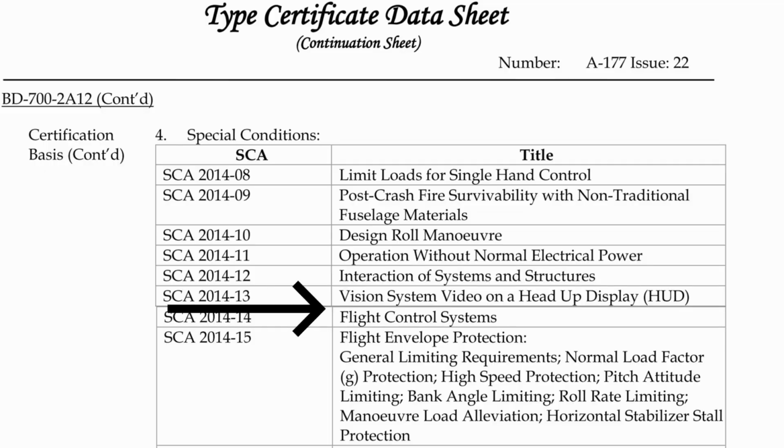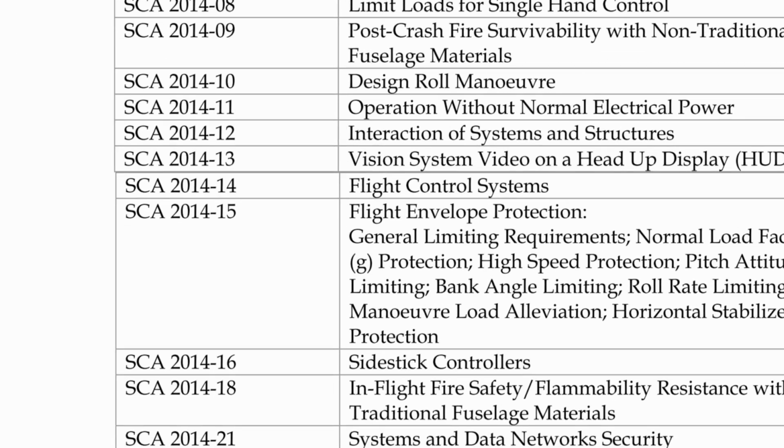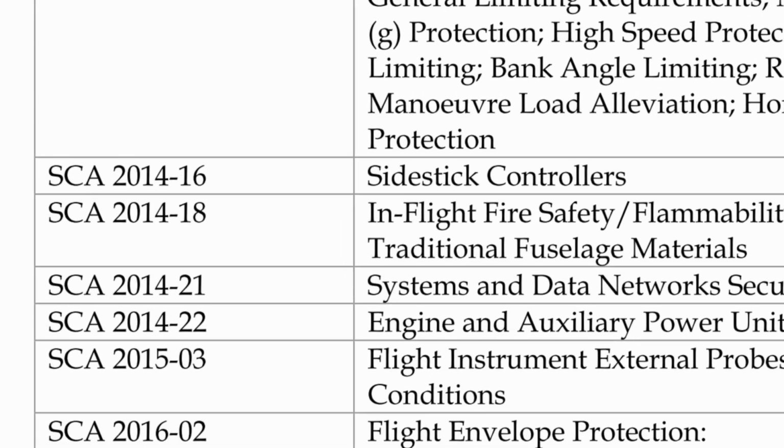So if I look at some of them, vision system video with head-up display, or side stick controller. What that's saying is we don't have requirements for that, we need to now come up with requirements that we think would be acceptable at the authority level, and then that goes to the OEM, and then can the OEM meet those requirements?